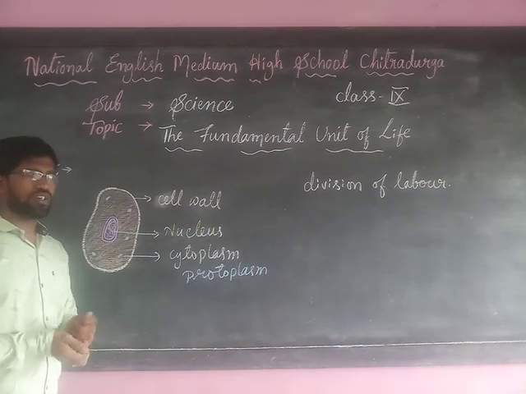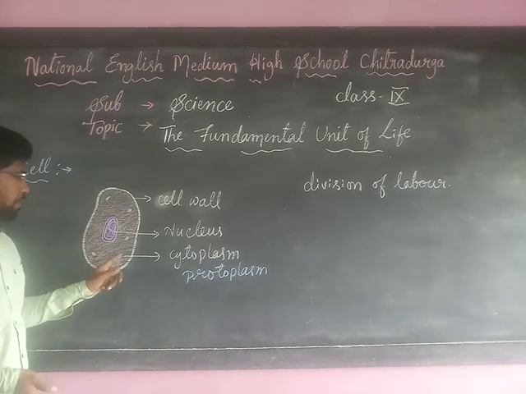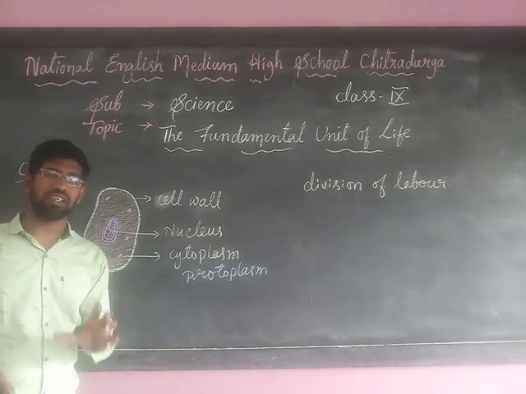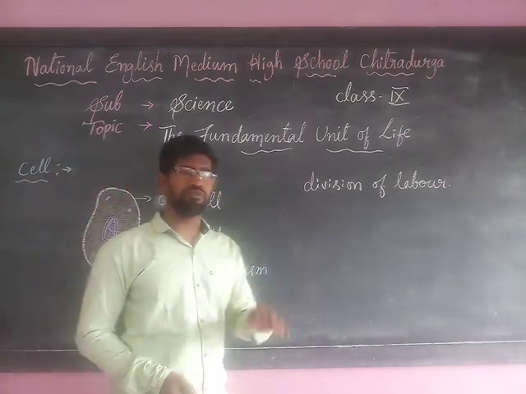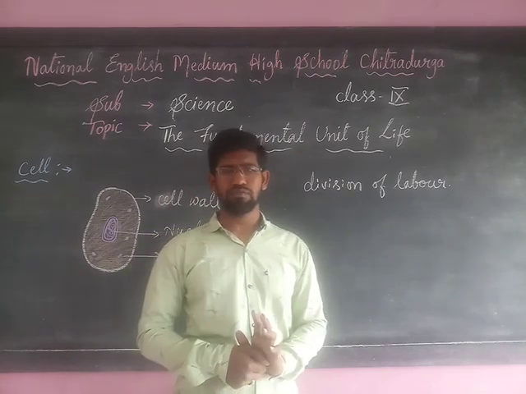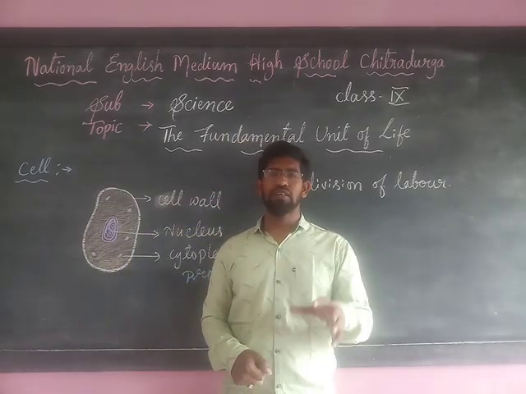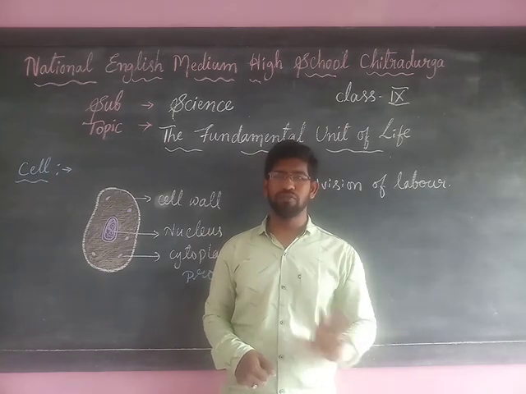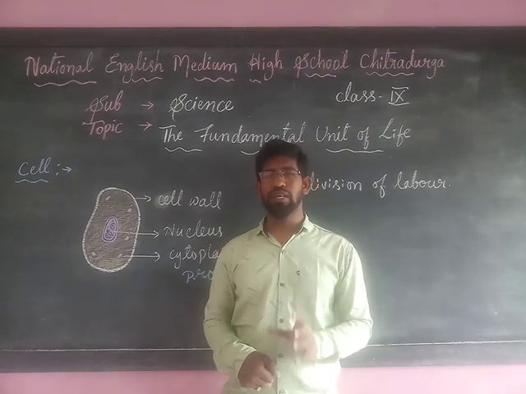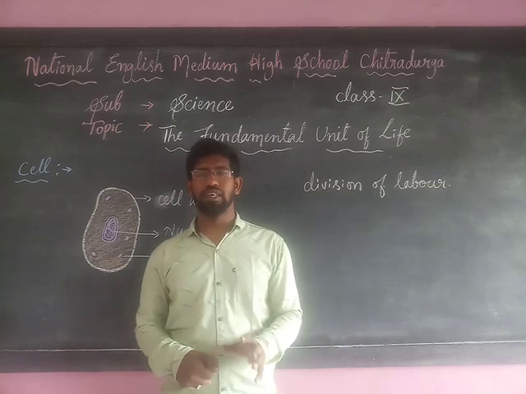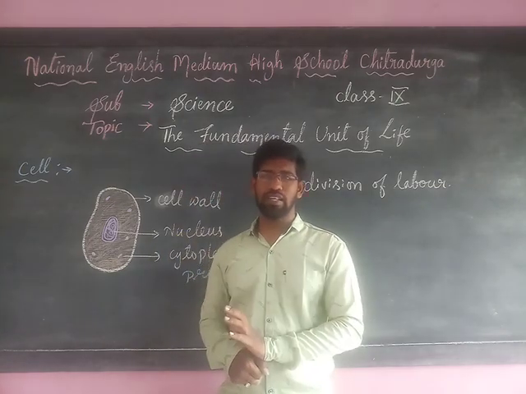Understood everyone? The parts present within the cell are fixed for different functions. Many different parts of a cell are there, and each part is fixed for a different type of function. So that's why division of labor takes place in a single cell also.